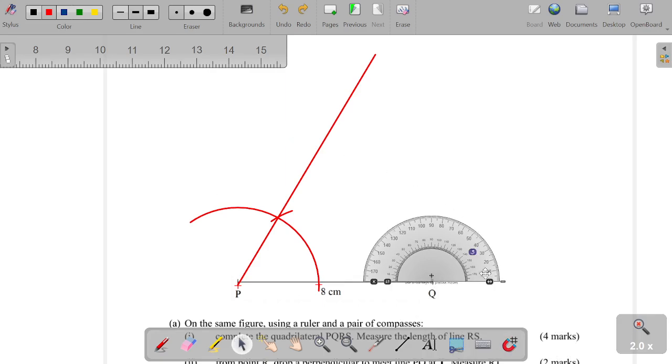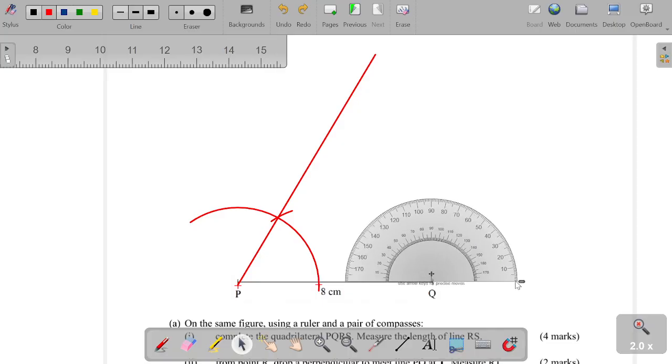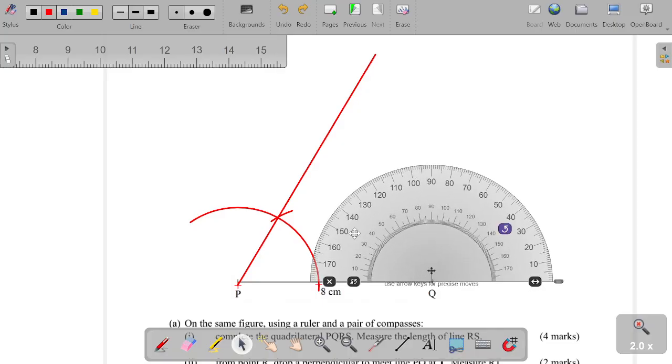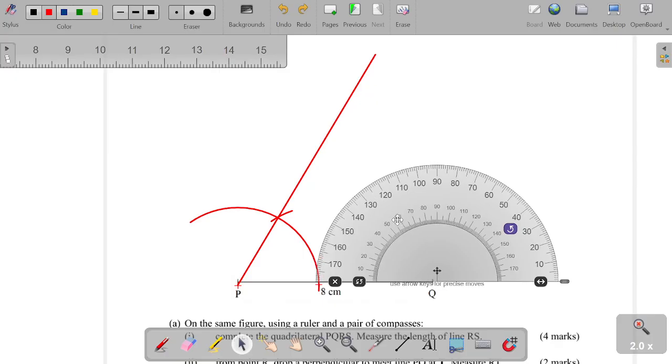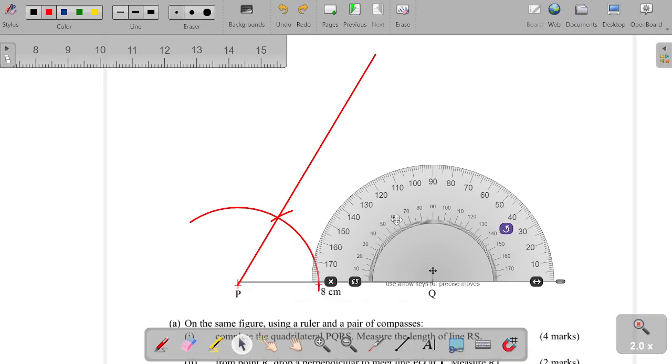Seems it's too small. Let me increase its size a bit. And I'm going now to measure 70 degrees. 70 degrees is somewhere there.